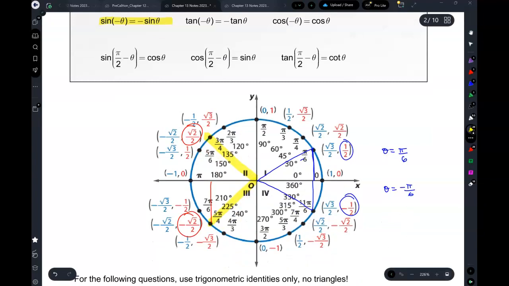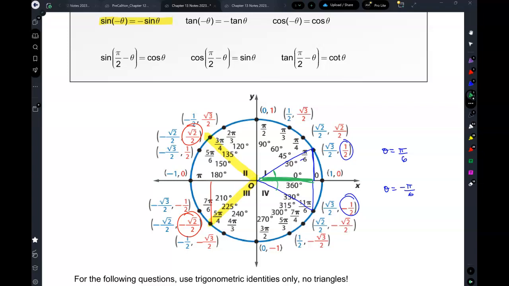Now let's talk about cosine. Look at the pi over 6. Where is the cosine? It's this distance. Now, when I take, instead of positive pi over 6, negative pi over 6, has the cosine changed at all? It's the same. It's literally the same segment.